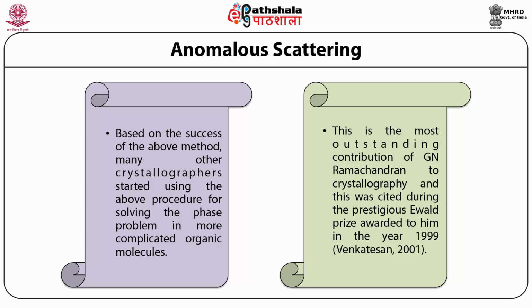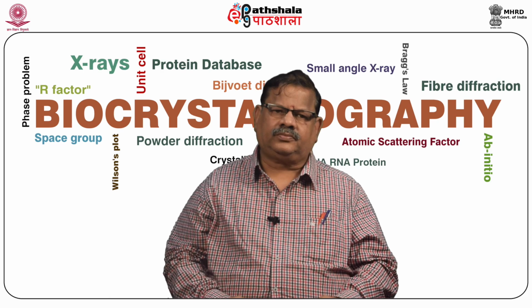Many of us think that Professor G. N. Ramachandran has contributed only to the discovery of the triple helical structure and the famous phi-psi plot called the Ramachandran plot. But his outstanding contributions are there in the fundamentals of crystallography, particularly to this anomalous scattering phenomenon, which can be used in the case of the phasing technique.